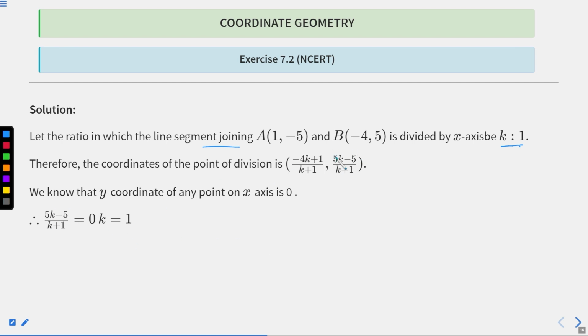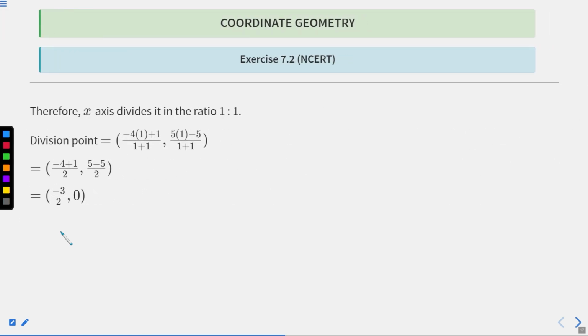Therefore (5k minus 5) by (k plus 1) is equal to 0, and if we solve this equation we get k equal to 1. So the x-axis divides the line joining these points in the ratio 1:1.